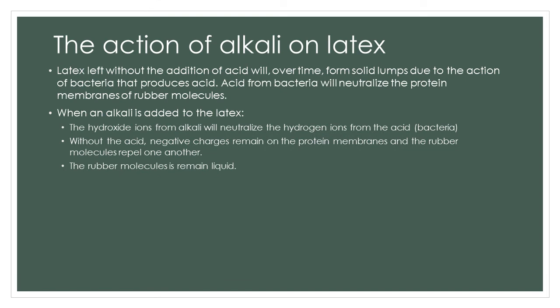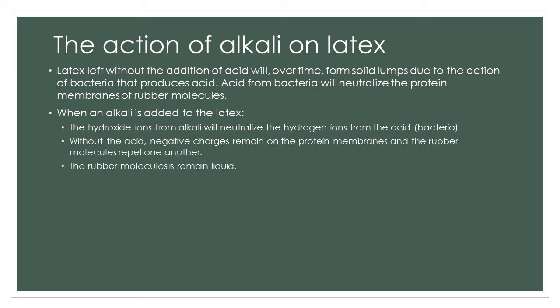We have to add alkaline. What happens with the action of alkaline on latex? When an alkaline is added to the latex, it gives hydroxyl ions, which have a negative charge. Hydrogen ion is a positive charge, but this hydroxyl ion is a negative charge.